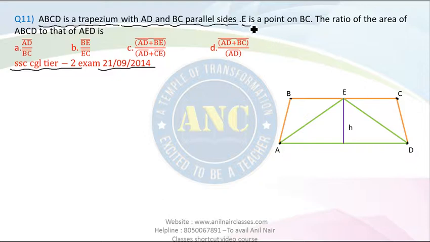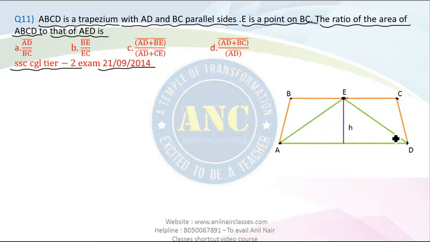Next. E is a point on BC. Now on this line BC, there is some point E. They have not said it is the midpoint or anything, so it is some random point called E. The ratio of the area of the trapezium ABCD to that of triangle AED is needed.